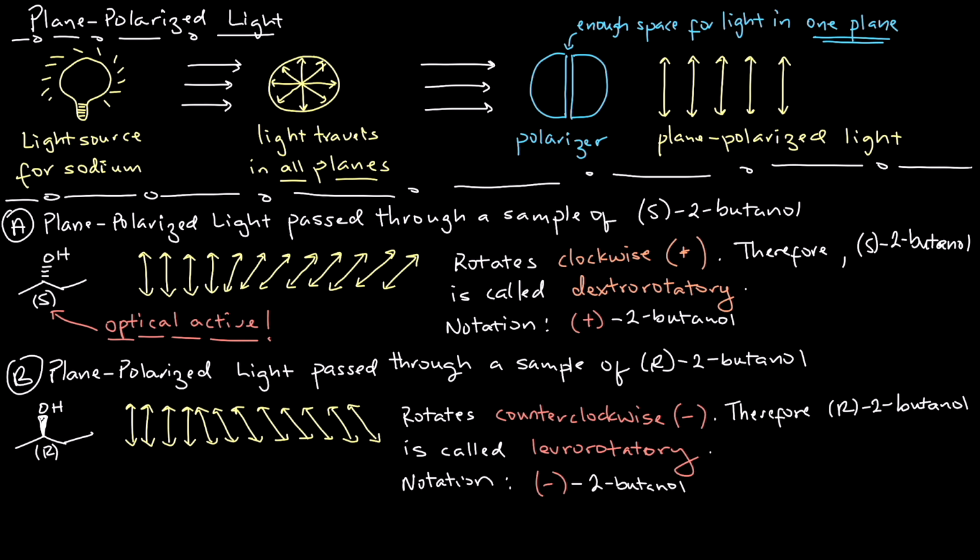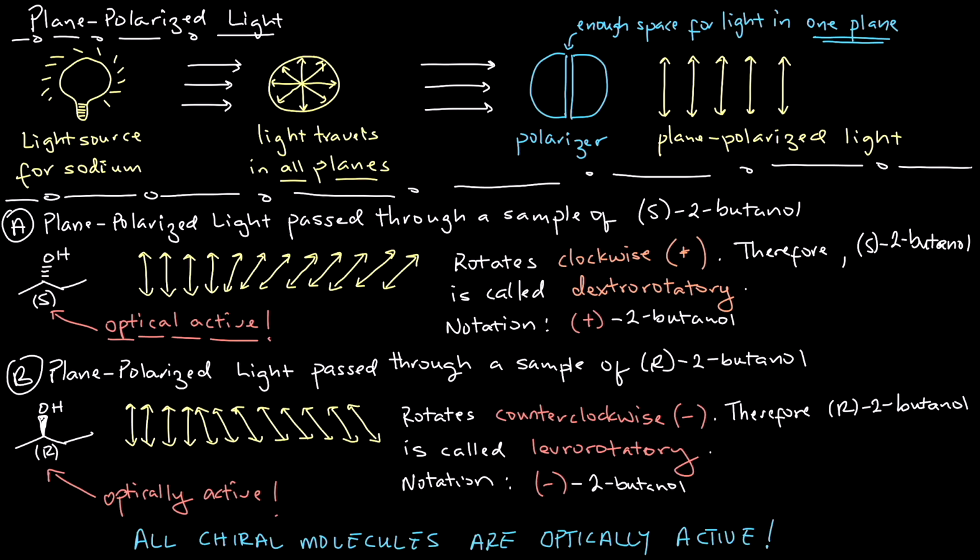When we say negative in parentheses and then 2-butanol, we're just saying that this particular stereoisomer of 2-butanol rotates plane polarized light in a negative direction, or a counterclockwise direction. And because R2-butanol has the ability to rotate plane polarized light, we call R2-butanol optically active.